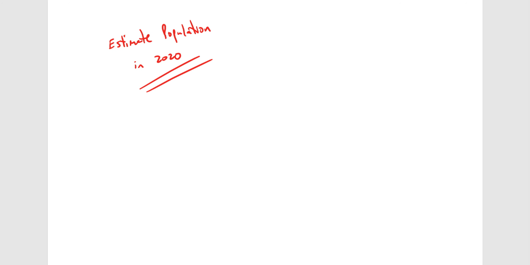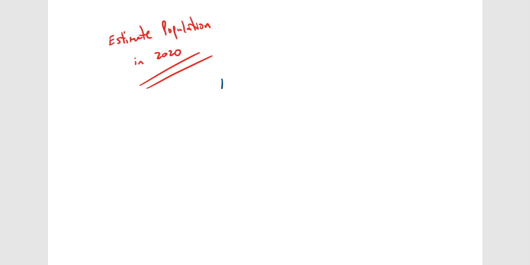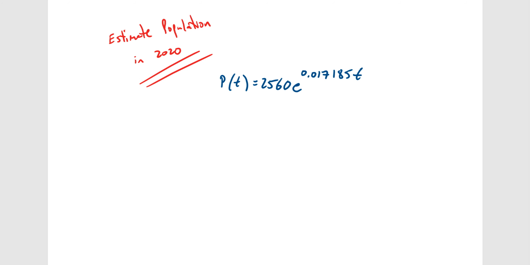So estimated for 2020, we have our function. And we do the same thing. We say how many years after 1950 is the year 2020. We have to subtract, and we get 70. So that is the t value that we're using. We're evaluating P of 70.